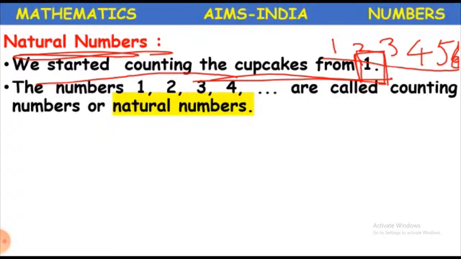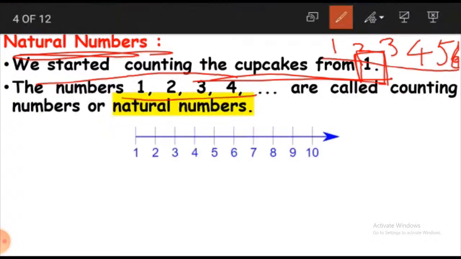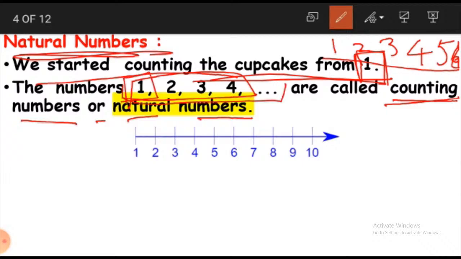So these numbers 1, 2, 3, 4 are called as counting numbers or natural numbers. As we have started counting from 1, these numbers which start from 1 are called as counting numbers or natural numbers. Look at these numbers on the number line here. They are starting from 1.